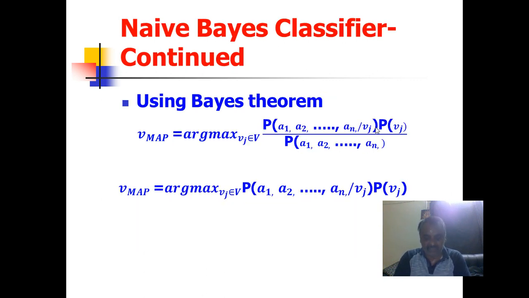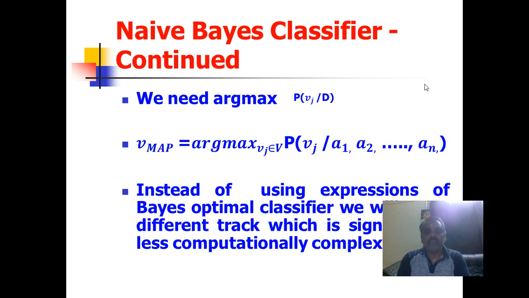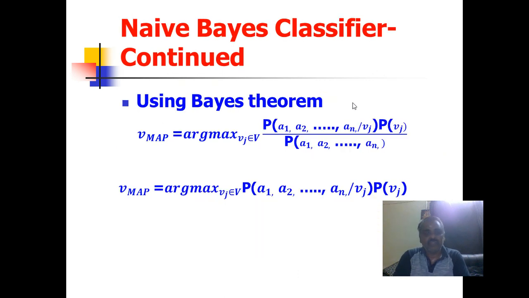Now, the previous expression, that is P of Vj given capital D, can be written in terms of the Bayes theorem. So, invoking the Bayes theorem, we shall write V_MAP is equal to argmax over Vj, an element of capital V, of P of A1, A2, and so on up to AN given Vj, into P of Vj, divided by P of D, that is P of A1, A2, up to AN.